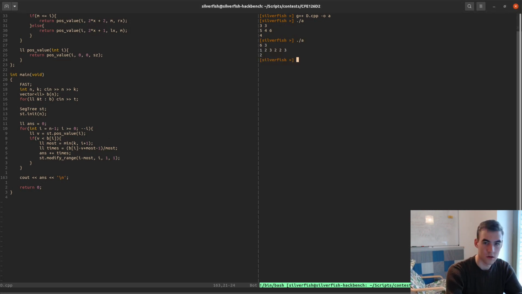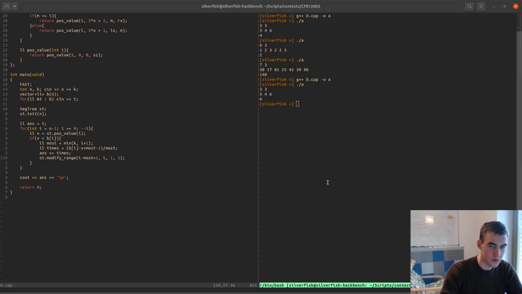Let's try for the first one. Not correct. Wait, is it one less for each of them? No. Okay. Now it uses 6 moves for some reason.